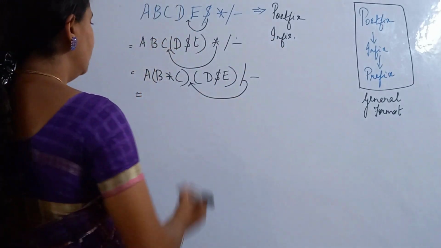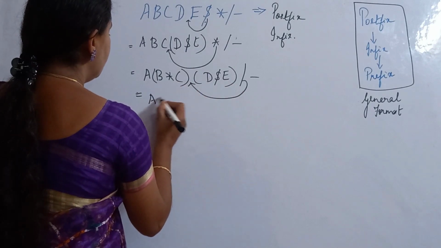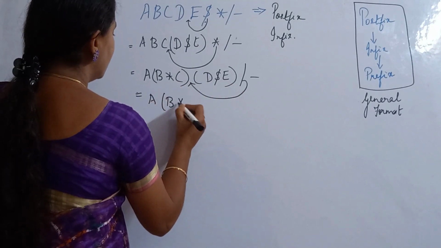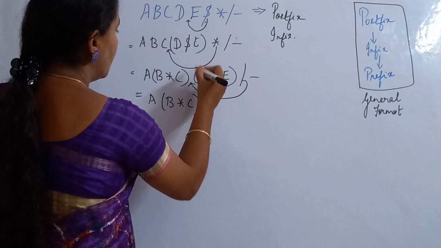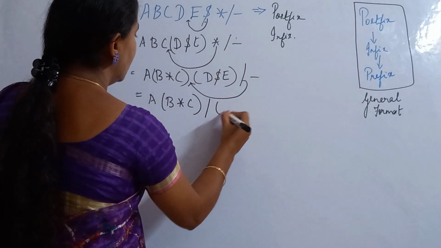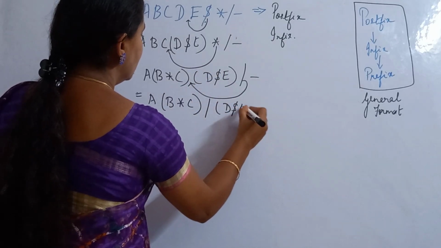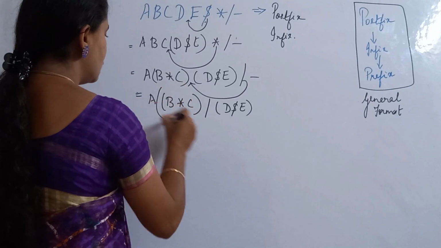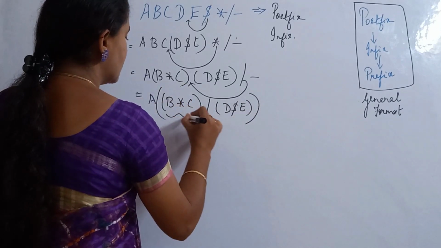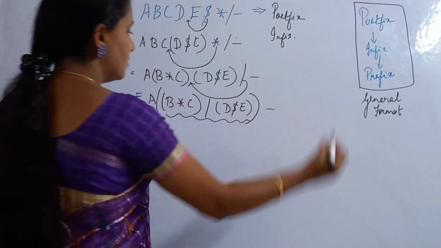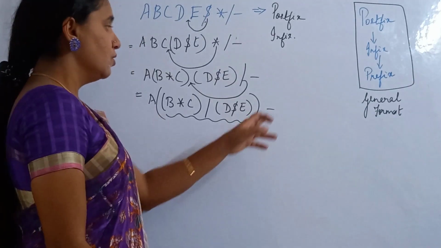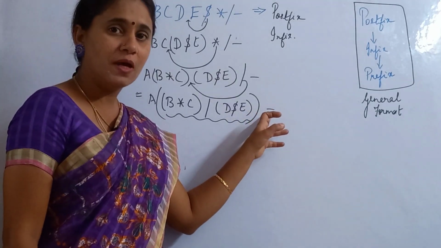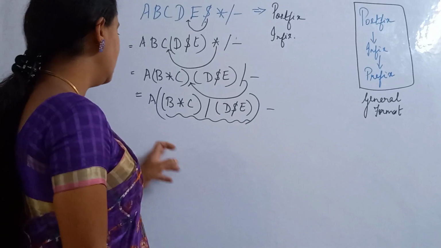Okay, so now you shift it. So A, B, asterisk C, then the operator is going to come here, slash, then D, $E. Isn't it? So now this is your one complete expression. Then minus is the remaining operator, isn't it? So now where you have to shift this minus operator, you should shift it here.